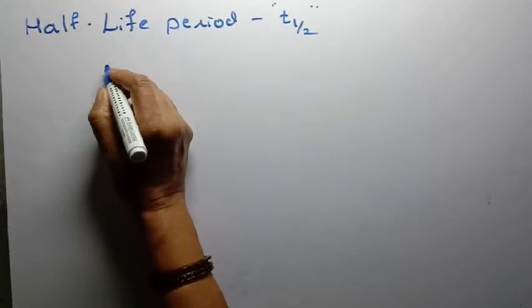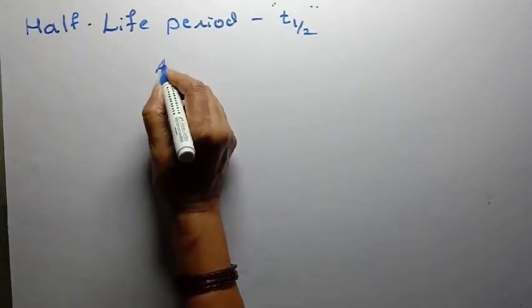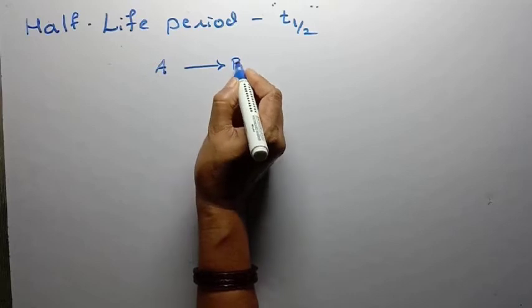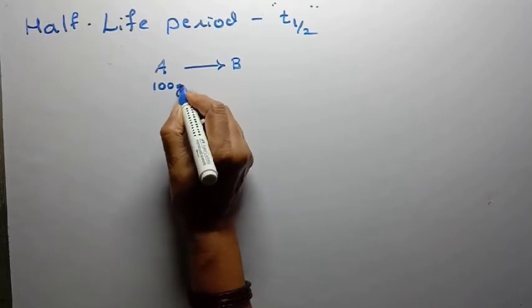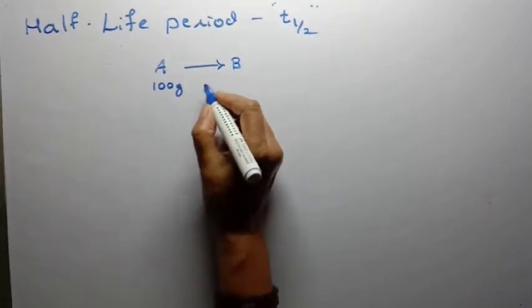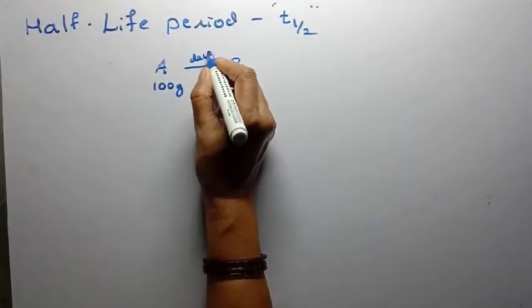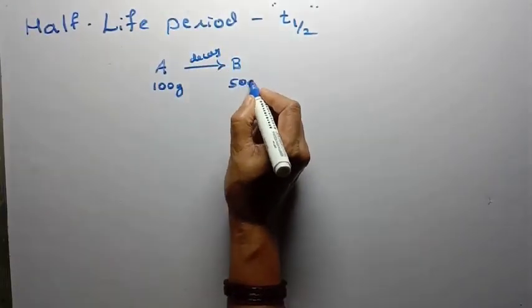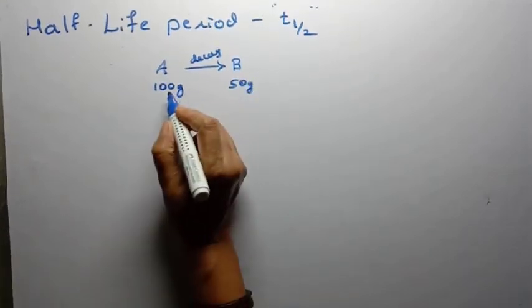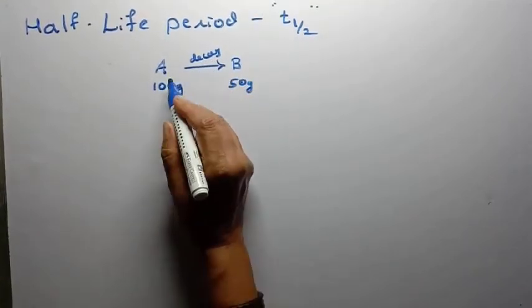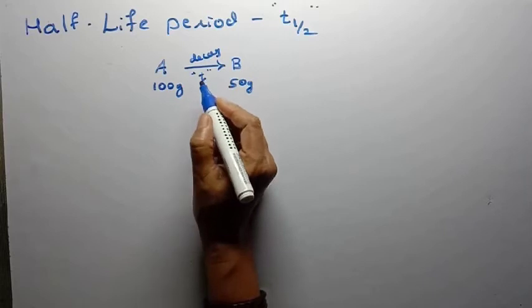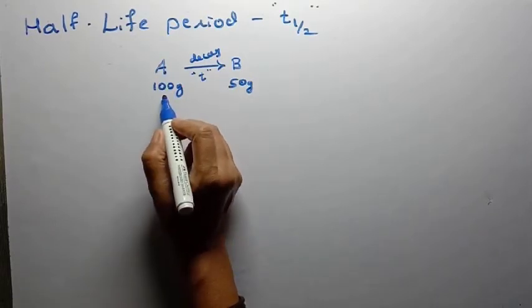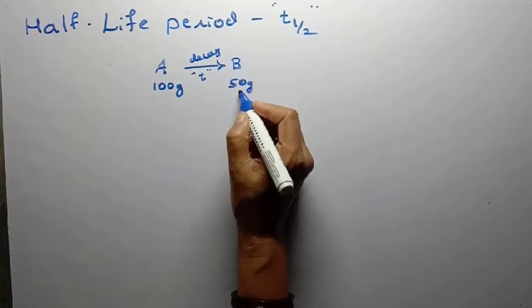For example, A gives B. Suppose we have taken 100 gram of A, and after disintegration or decay, it becomes 50 gram. So the time taken by the decay process to reduce the initial amount of a radioactive element to exactly half is said to be T half.